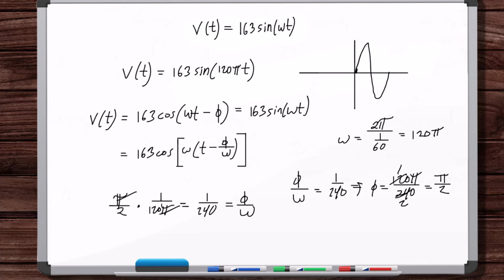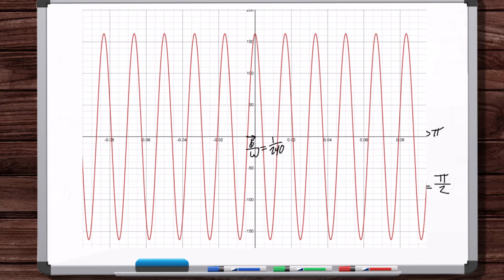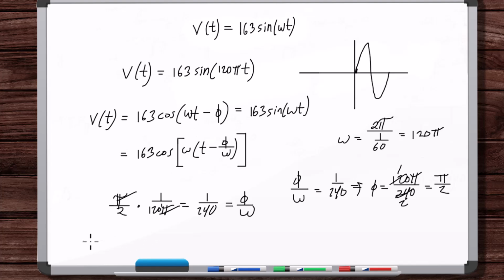Just to give you an example, let's say that for some reason this was shifted up 25 to about here. I don't know why the current would do that, but let's do it hypothetically. So that was the cosine curve with psi 0 plus 25.